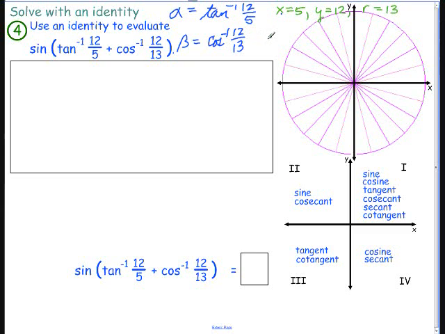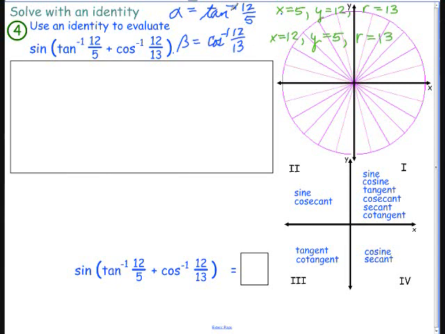For this one, I know that my r is equal to 13. My x is equal to 12. My y is equal to 5, and my r is equal to 13.